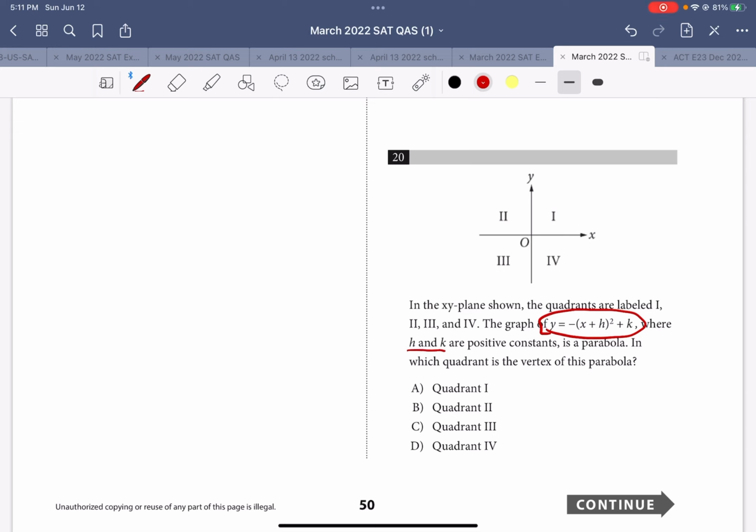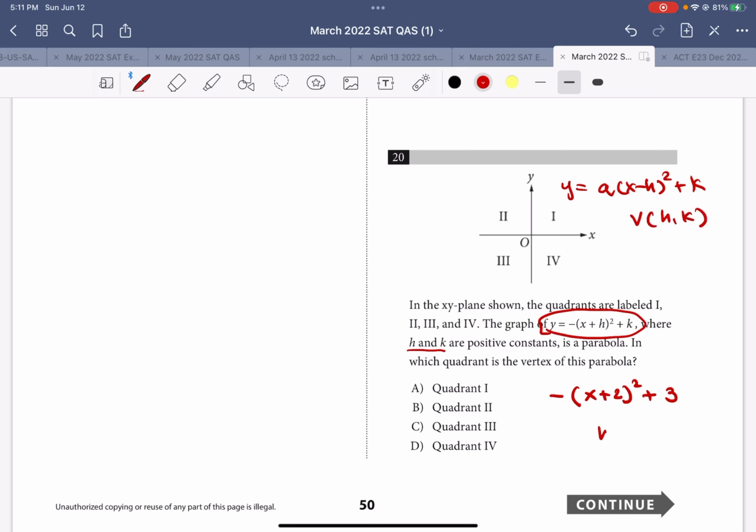Let's say, for example, negative (x plus 2) squared plus 3. I want you to remember that vertex form is a(x minus h) squared plus k, and the vertex is (h, k).